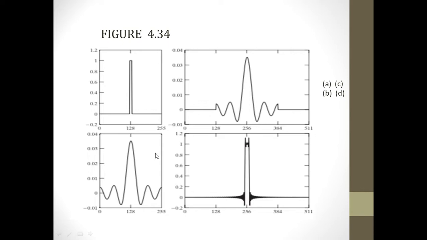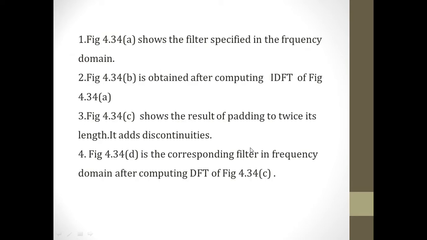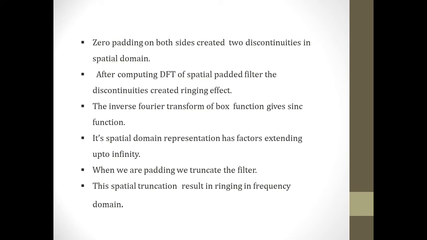So, padding results in discontinuities in spatial domain. After getting discontinuities, if we perform DFT operation, this resulted in some ringing effect over here. So this ringing effect is caused due to padding. See this spatial truncation. The spatial truncation of the filter resulted in ringing effect in the frequency domain.